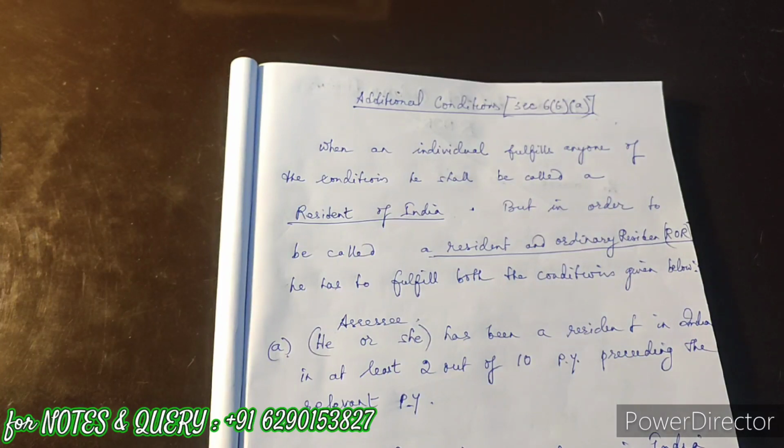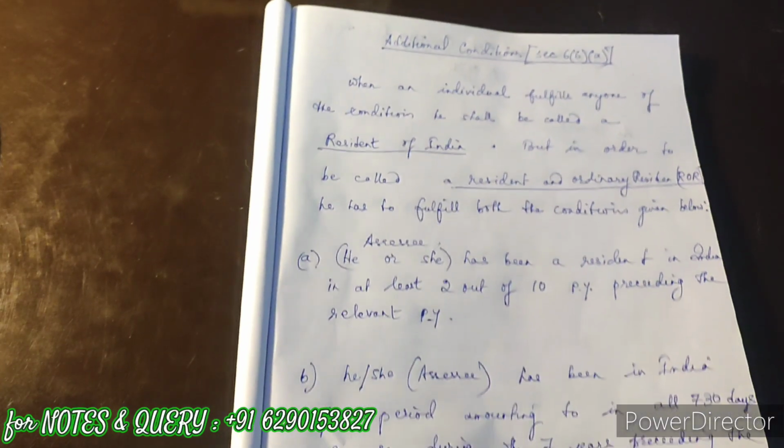When an individual fulfills any one of the conditions, he shall be called a resident of India. Okay, but in order to be a resident and ordinary resident, he has to fulfill both the conditions that are given below. So I hope it is clear to you.